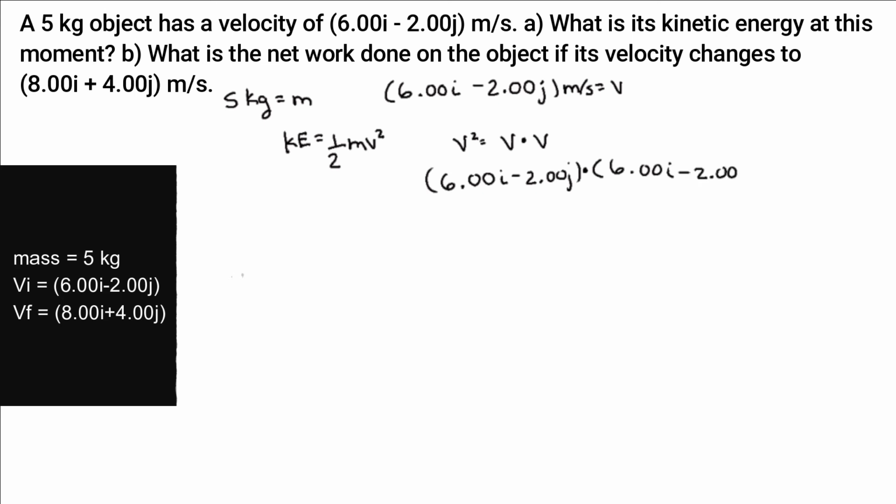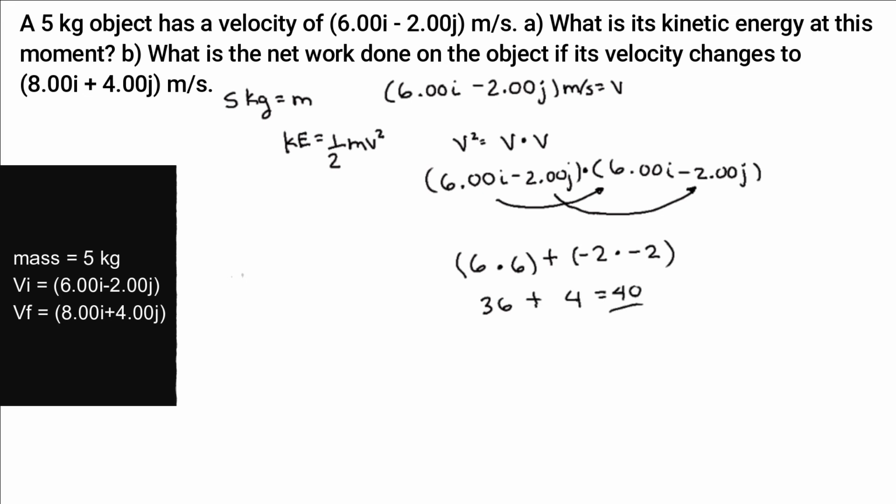We just need to multiply i with i, which in this case is 6 times 6, and then add that to multiplication of j times j, which in this case is minus 2 times minus 2, which is just plus 4. So 36 plus 4 equals 40. Now we can just plug that into our kinetic energy equation as velocity squared. So kinetic energy equals half times 5 kilograms times 40, and that is just 100 joules.